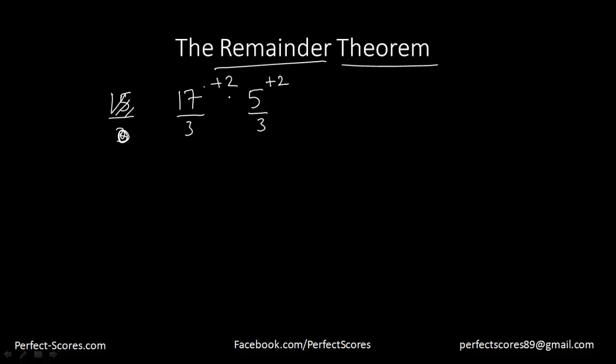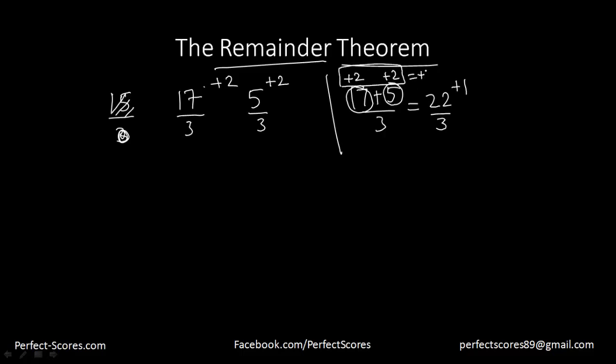If I say what will be the remainder of 17 plus 5 divided by 3, 17 plus 5 is going to be equal to 22, 22 by 3, so the remainder would be plus 1. Now from 17 the remainder would be plus 2, from 5 the remainder would be plus 2, if I add both the remainders, it is going to be plus 4, and when this is again divided by 3, I get remainder plus 1.